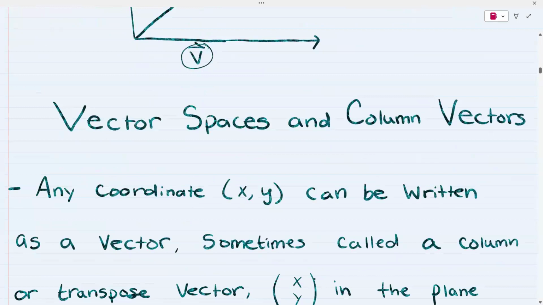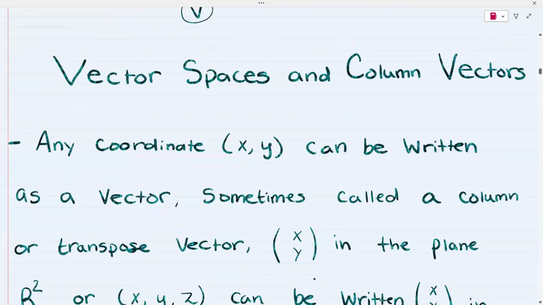For vector space and column vectors, any coordinates x, y can be written as a vector, sometimes called a column vector. It's just transposing. Like in the previous example, let's pretend this was 3, 1. You can rewrite this as a transposed vector, expressed as 3 comma 1.